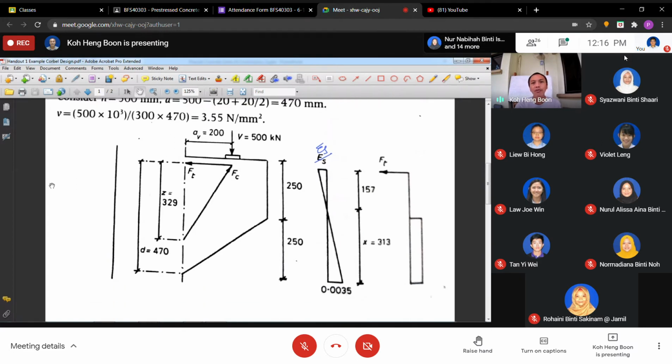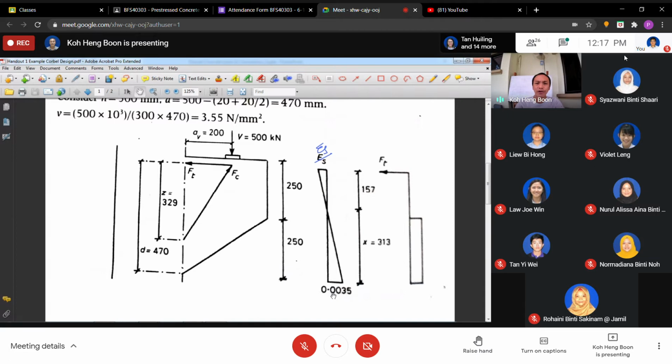So from here now, we draw this. This is our dimension, and usually this one here we use half of it. This is 500, we use half of it. The effective depth here is from the reinforcement that we are going to apply up to the notch here. This is the effective depth. And this is a strain diagram.